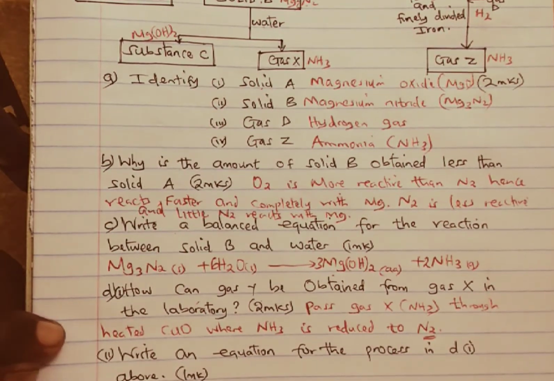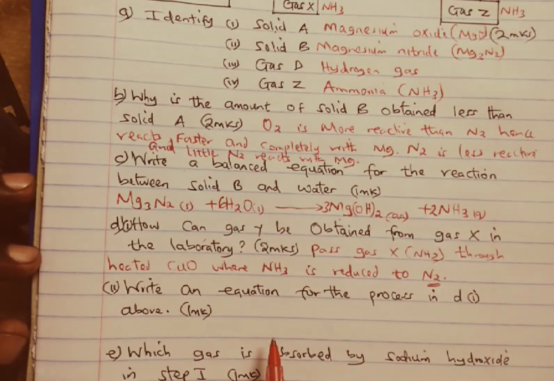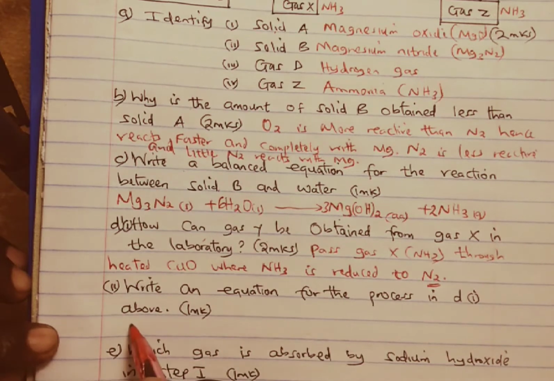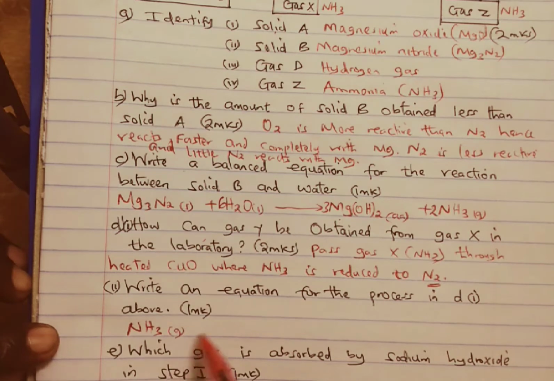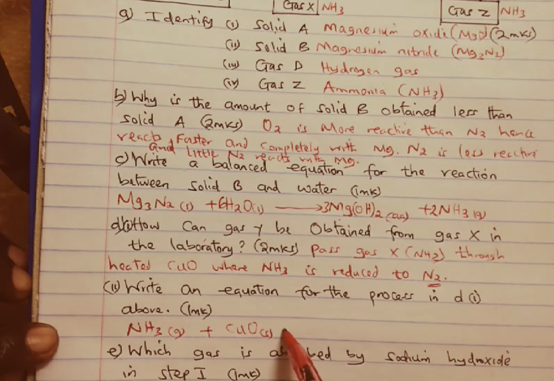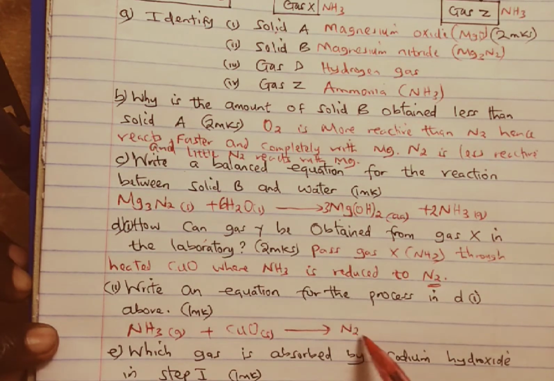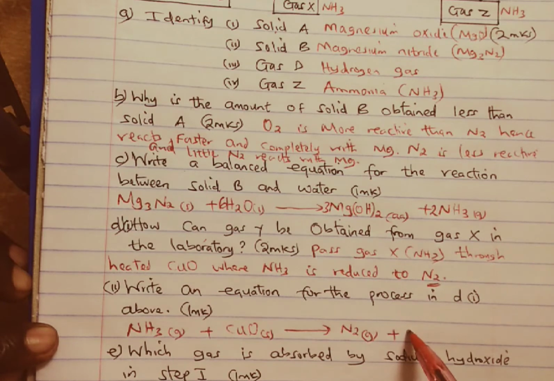The next question we have is write an equation for the process that takes place in D Roman 1 above. This is the reaction between ammonia gas and heated copper 2 oxide, a solid. This reaction produces nitrogen gas. Then of course copper 2 oxide is reduced to copper metal.